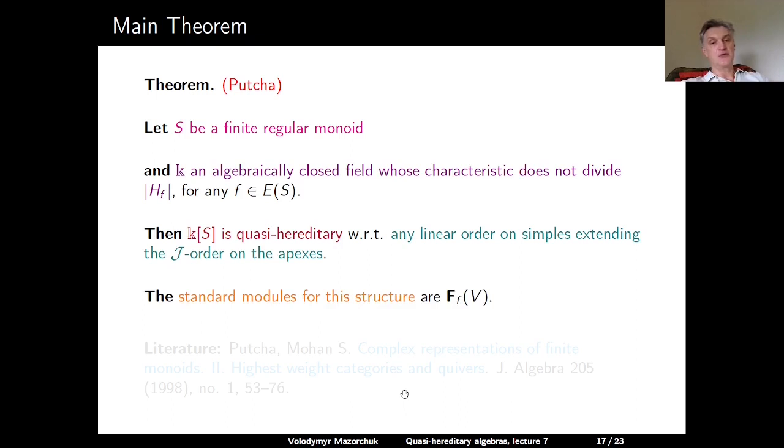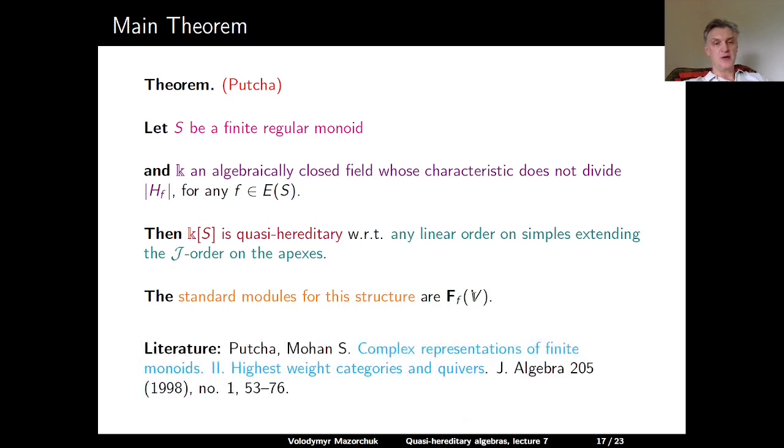And the standard modules for this structure will be exactly our modules capital F sub little f applied to V. So we start with V, and then we tensor with the corresponding cell module over the maximal subgroup.